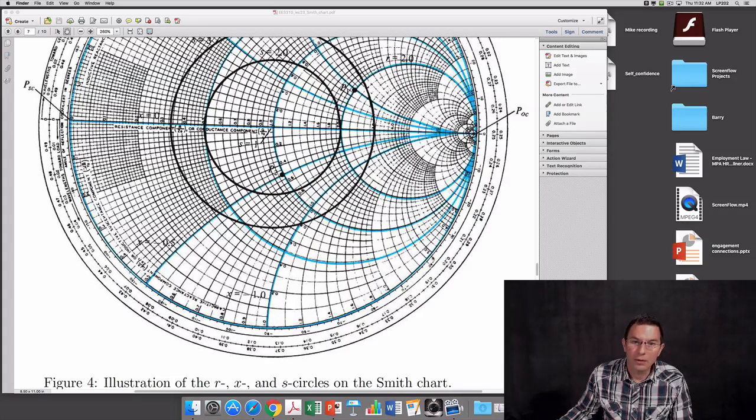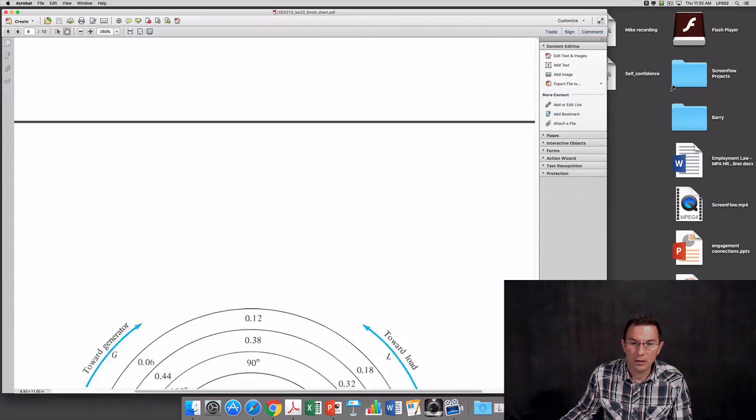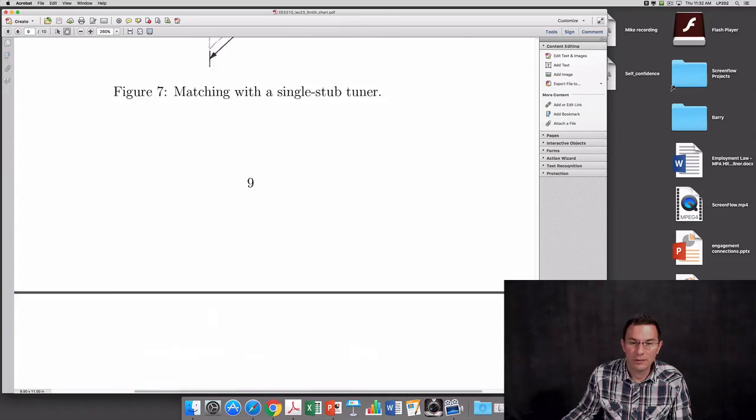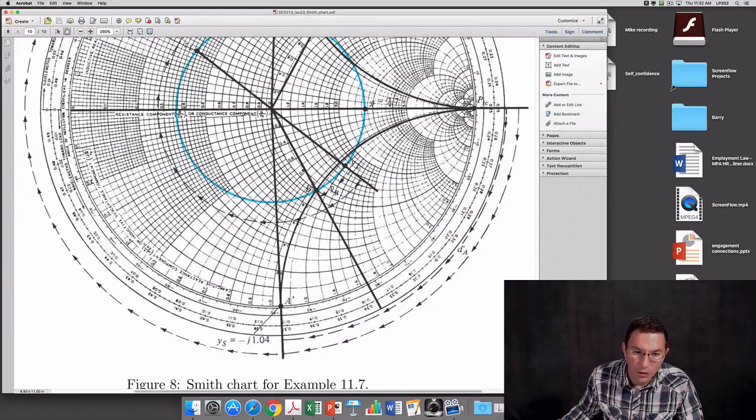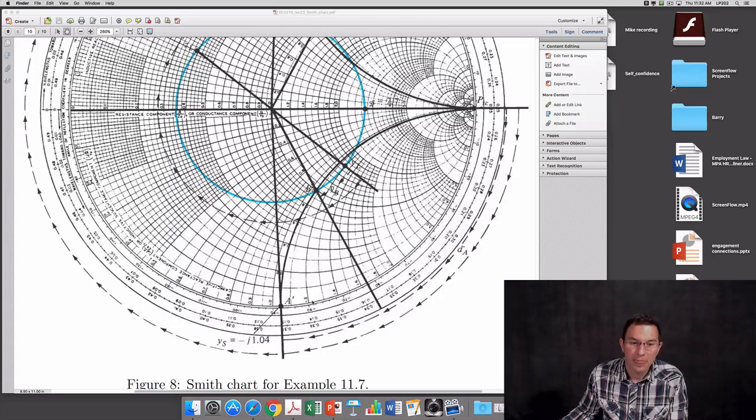If you look along the lower half of our circle here, you can see each of these admittance curves are also labeled. Here's 1.8, and here is 1.6, and here is 1.4, and here is 1.2.